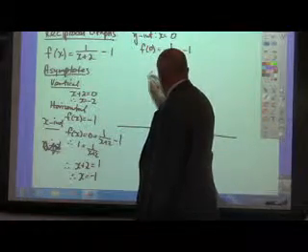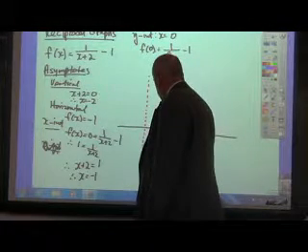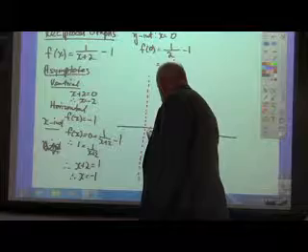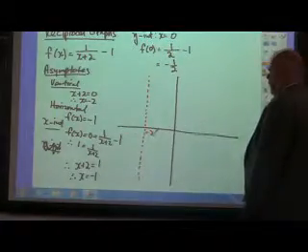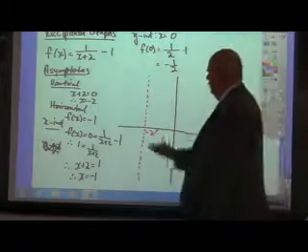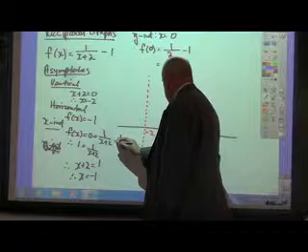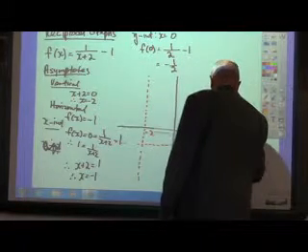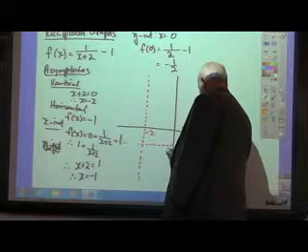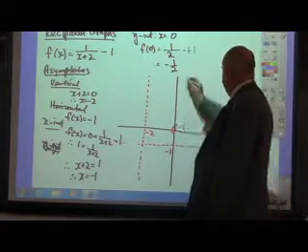So we're going to make that perhaps there, like so. Negative 2, x equals negative 2. That's our vertical asymptote. Our horizontal asymptote occurs where our function value is negative 1. So maybe along here, just label it negative 1. We should label 0 there.